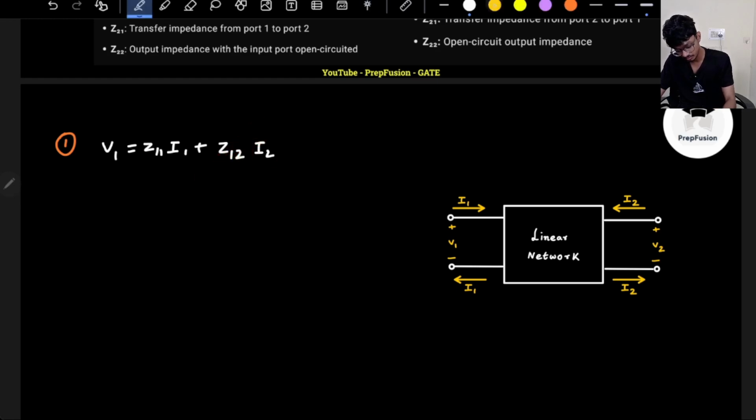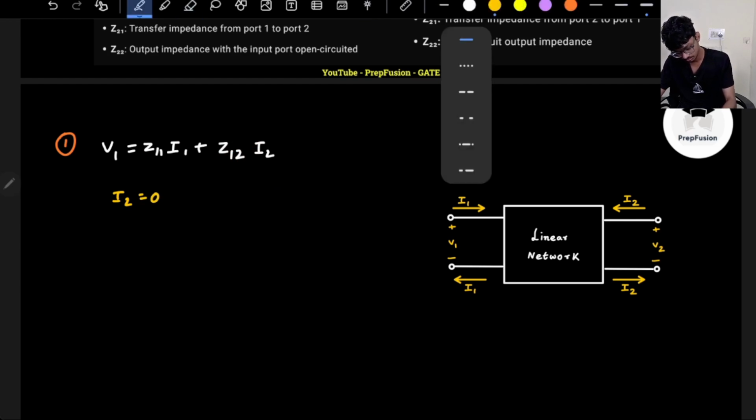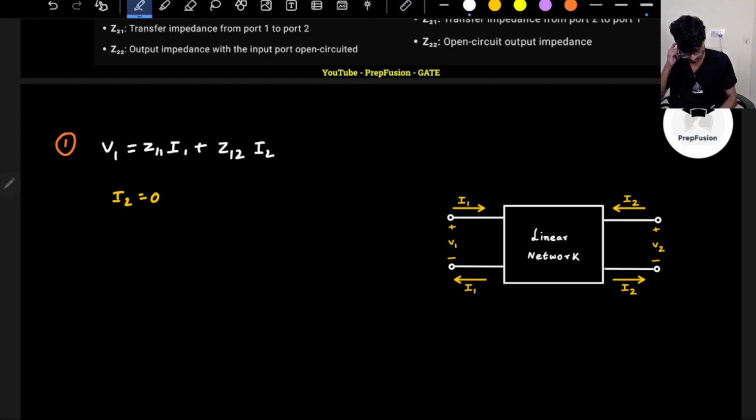So if I make I2 equal to 0, the equation will be V1 equals Z11 I1.